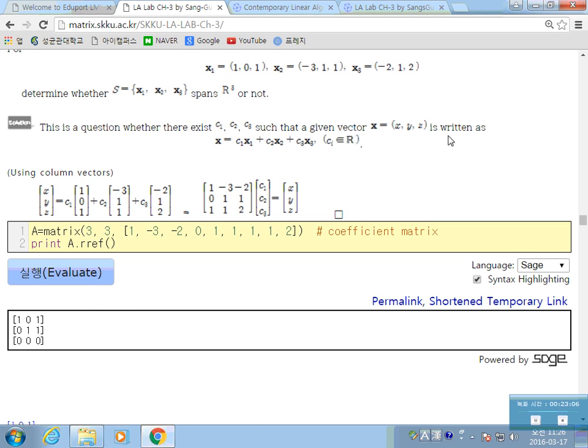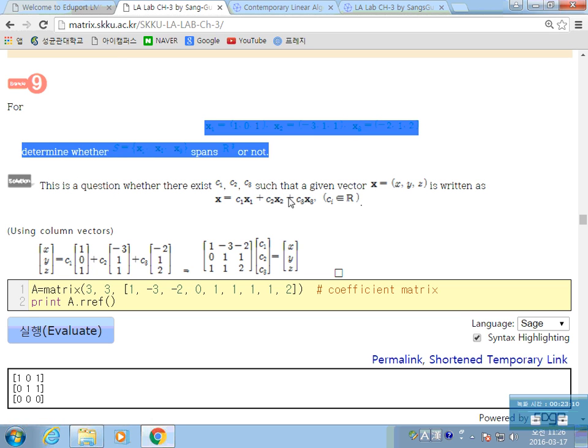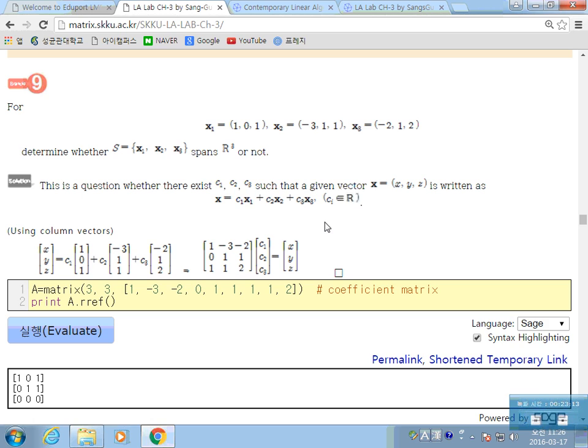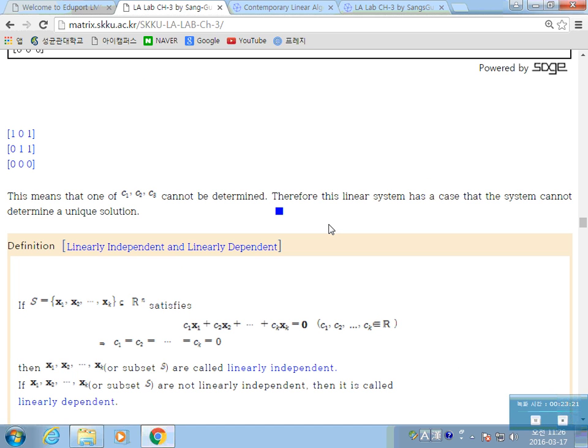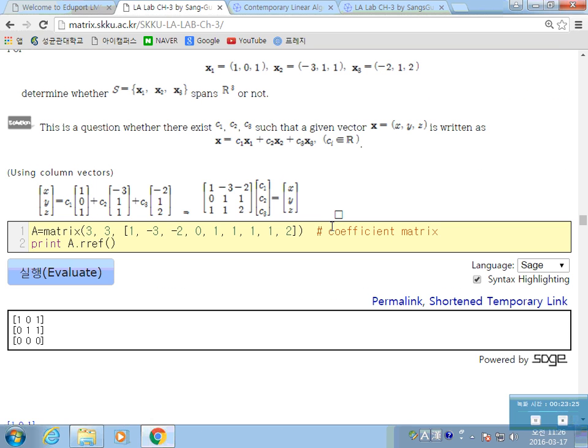We can find the solution, but it is not unique. So it does not span Rn, here R3.